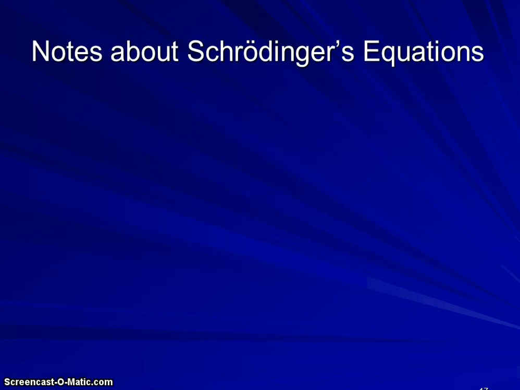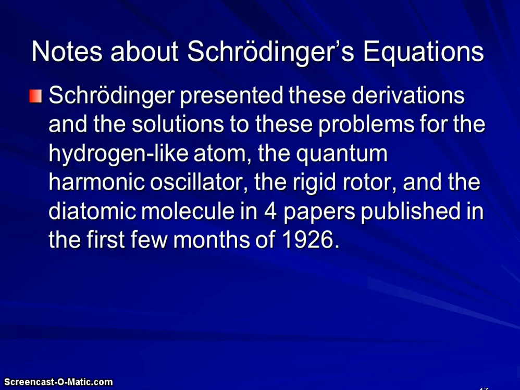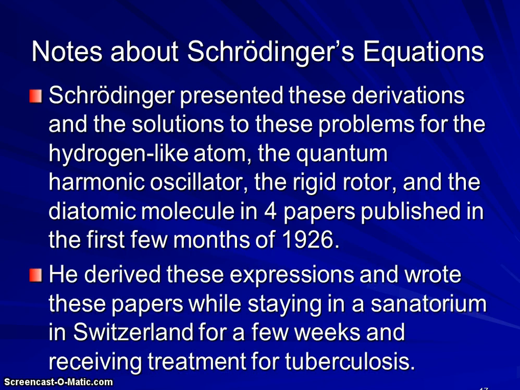Now, just from a personal interest standpoint, it's fun to mention that Erwin Schrodinger presented these derivations and the solutions to these problems for the hydrogen-like atom, the quantum harmonic oscillator, the rigid rotor, so those are used for vibrational and rotational spectroscopy, and a diatomic molecule, in 4 papers that he published in the first few months of 1926.